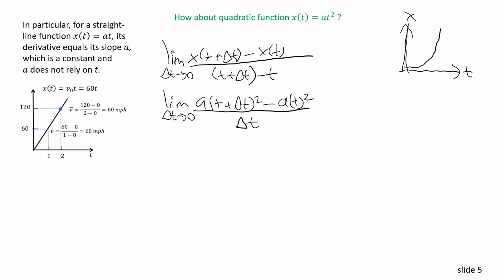So we know that we have this little neat trick where if you have (a plus b) squared, you will get a squared plus 2ab plus b squared.